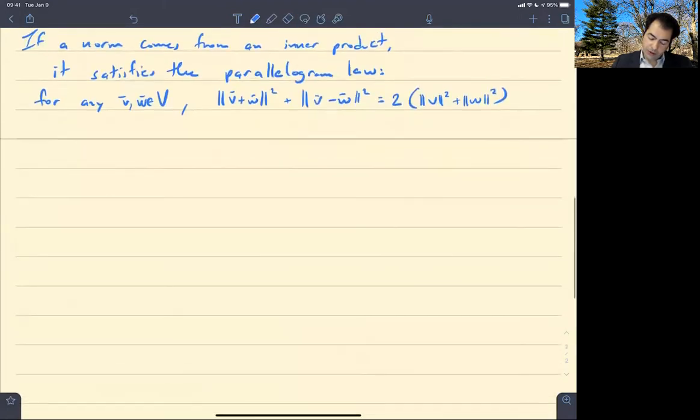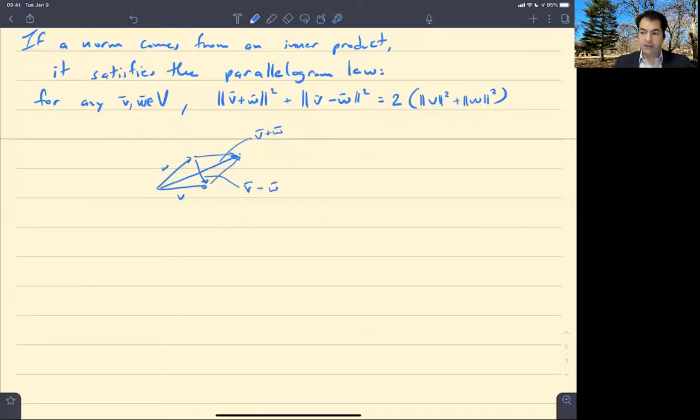The reason it's called the parallelogram law is that if you have a vector v and a vector w, so let me draw v and w again, then this vector would be v plus w, and this vector would be v minus w. And so here, what I have is that the sum of the squares of the diagonals is equal to the sum of the squares of the sides of the parallelogram.